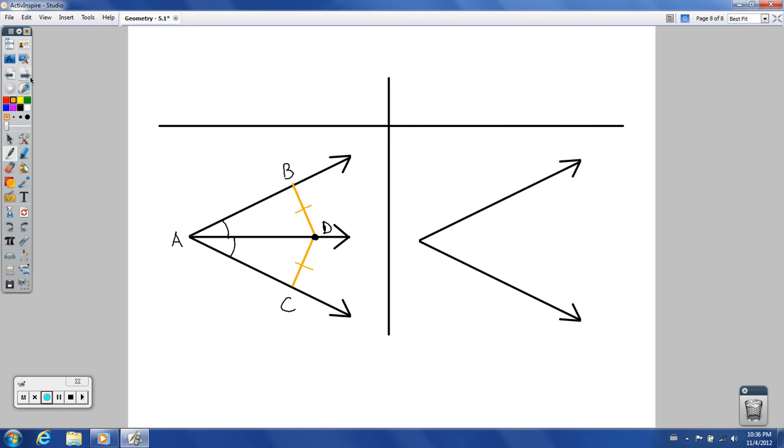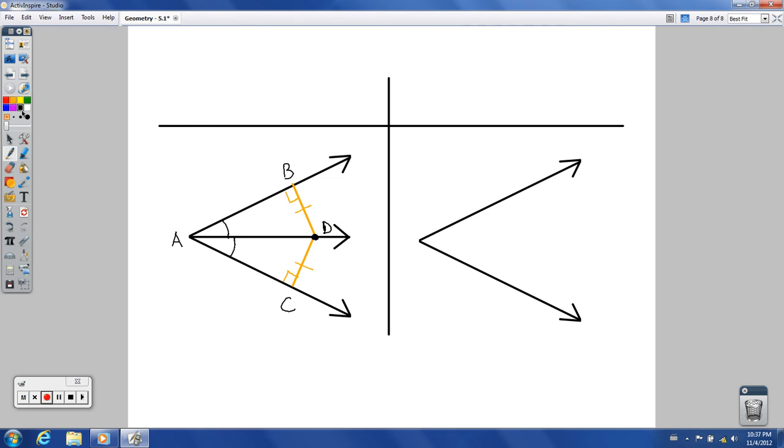So to make sure that that is clear, I have to say that that's perpendicular to that, and I have to say that's perpendicular to that. So in other words, the distance from D to ray AB is the same as the distance from D to ray AC if AD is the angle bisector for this.